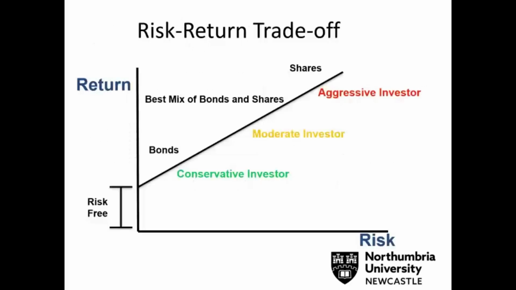And if we plot that on a graph, it looks like this. The key point here is the graph does not start at zero. There is a certain level of interest or return for nothing, which is known as the risk-free product. Typically, in research and in the real world, in the UK, we use the 3-month T-bill rate, which is short-term government debt.